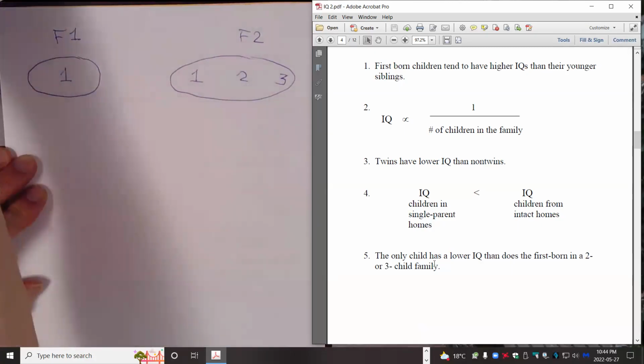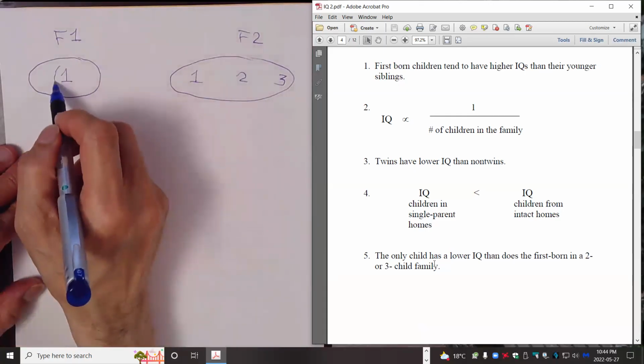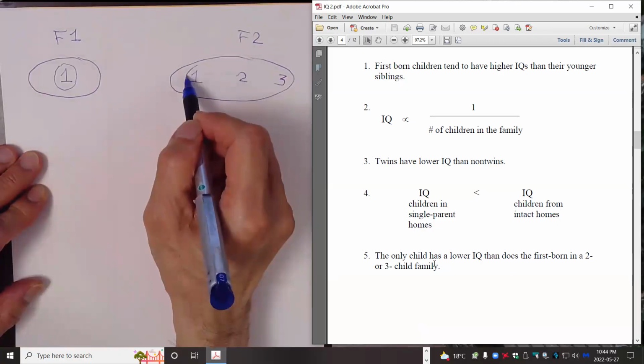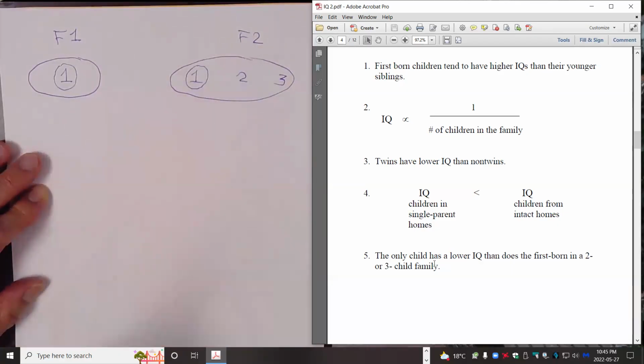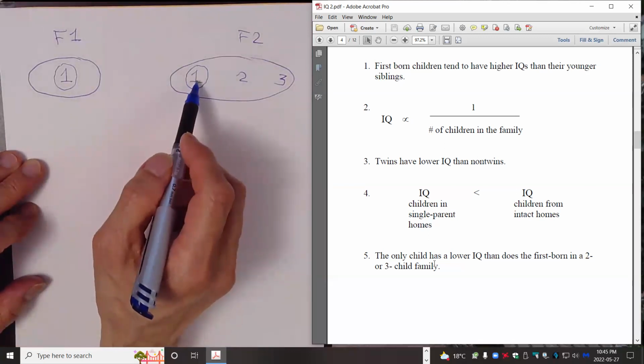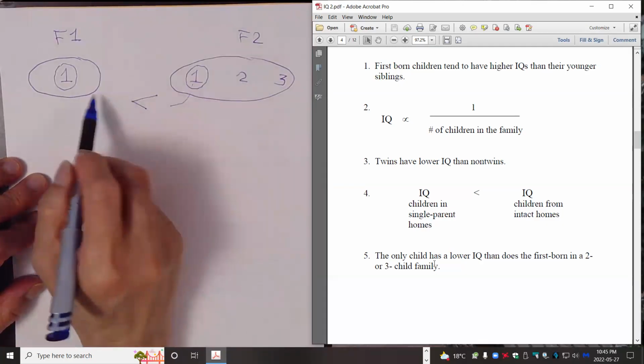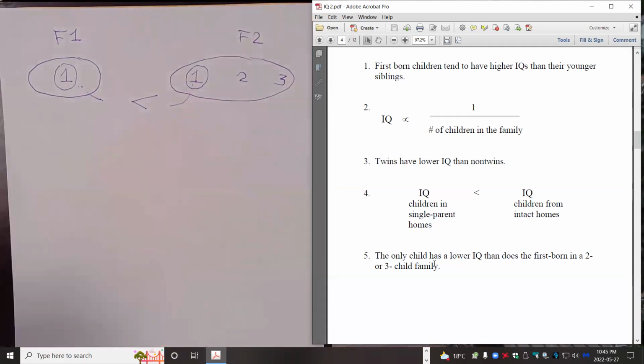Okay, now we are comparing the IQ of this with the IQ of this. Okay, so observations have confirmed that this one here, the firstborn with siblings, have higher IQ than firstborn without siblings. Firstborn with a sibling or with siblings better than singleton.